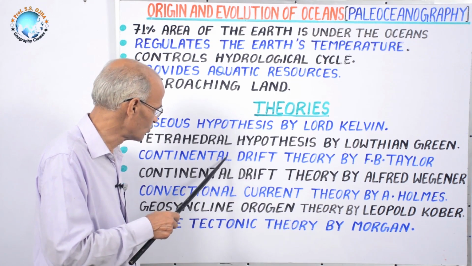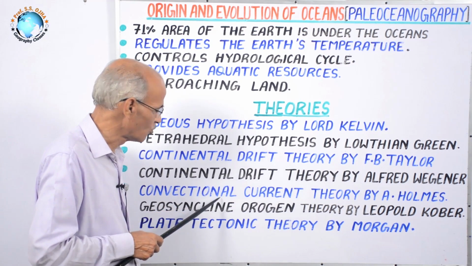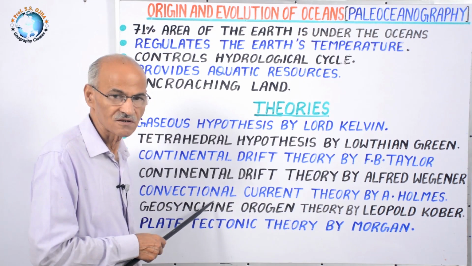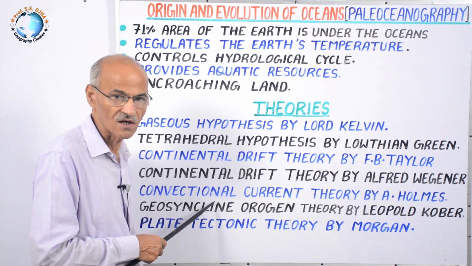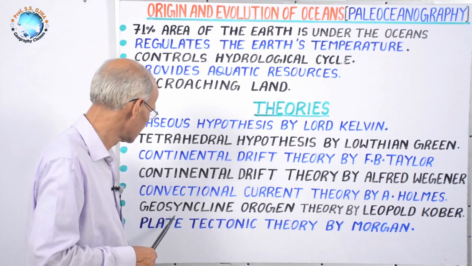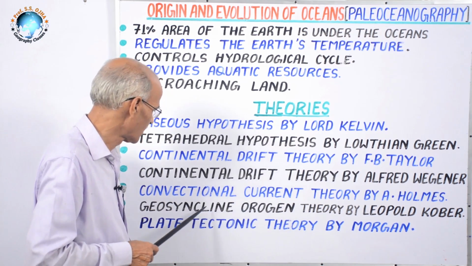Like these two, F.B. Taylor and Wegener, Holmes also propounded that first existed Pacific Ocean, later on North Atlantic, South Atlantic, and then Indian Ocean. Now, next theory, geosyncline origin theory by Kober.